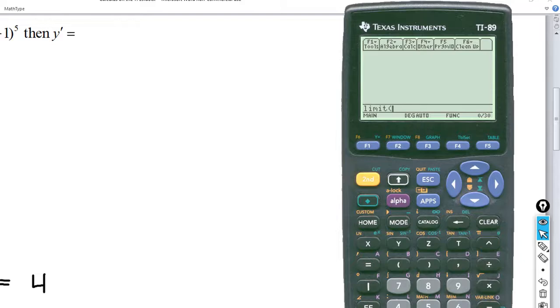So I'm going to put parentheses 8x plus 1, okay, divided by, and then parentheses 2x minus 3.